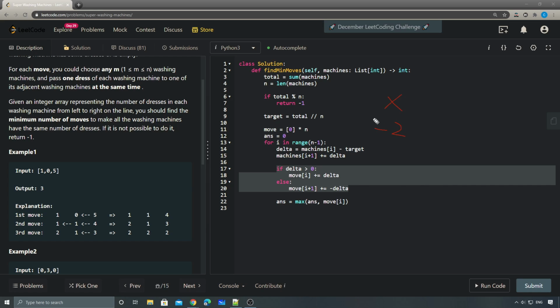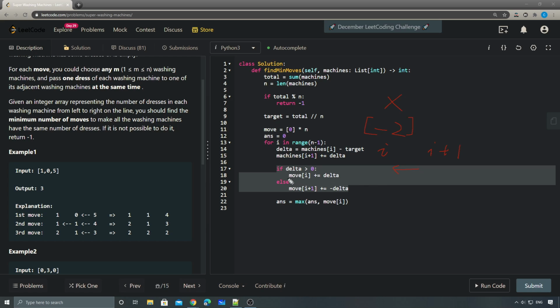This is the delta. It means that machine i+1 will move 2 addresses to this i here. That's why moves[i+1] needs to be added with this 2 here.